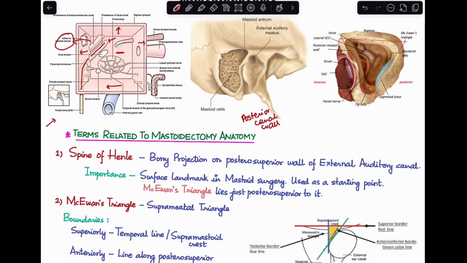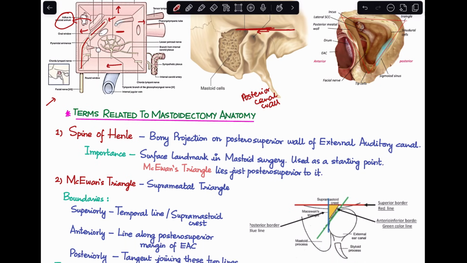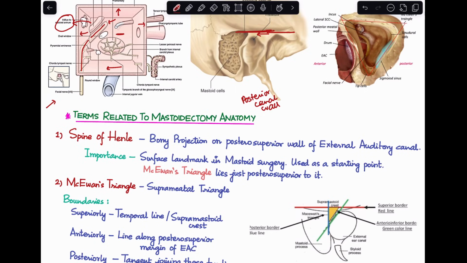If we look at the image here, the superior boundary is the root of the zygoma. When the root of the zygoma goes posteriorly, it forms the supramastoid crest. So the superior boundary is formed by the supramastoid crest, also known as the temporal line. The anterior boundary is formed by a line which goes along the posterior superior margin of the external auditory canal.